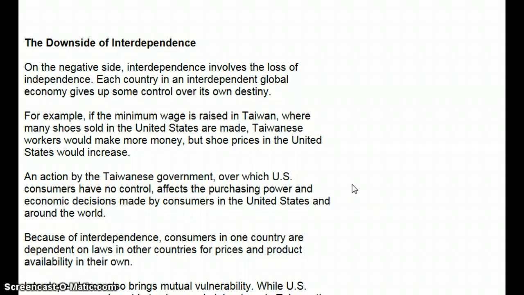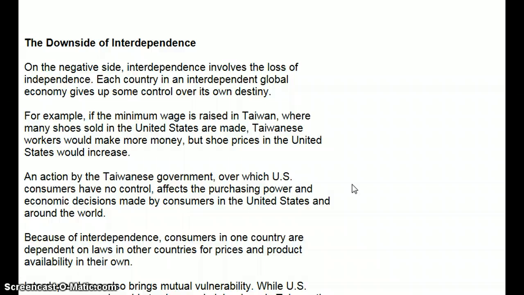The downside of interdependence. On the negative side, interdependence involves a loss of independence. Each country in an interdependent global economy gives up some control over its own destiny. For example, if the minimum wage is raised in Taiwan, where many shoes sold in the United States are made, Taiwanese workers would make more money, but shoe prices in the United States would increase.